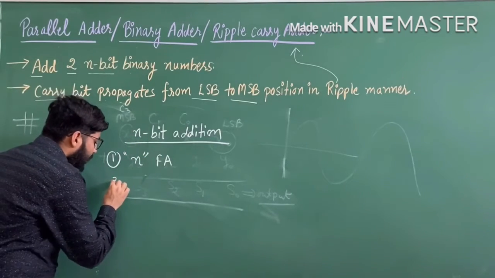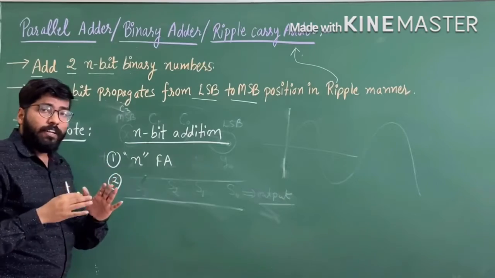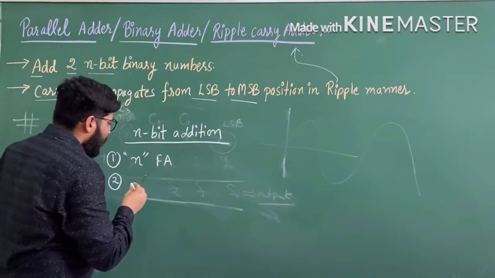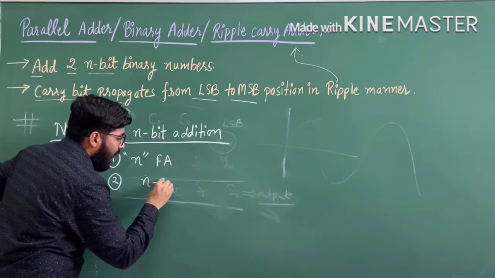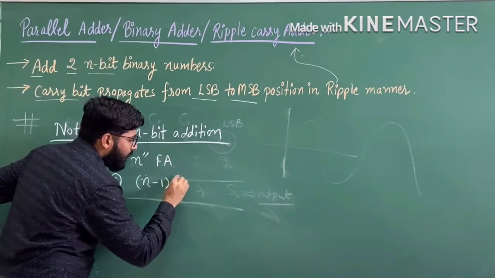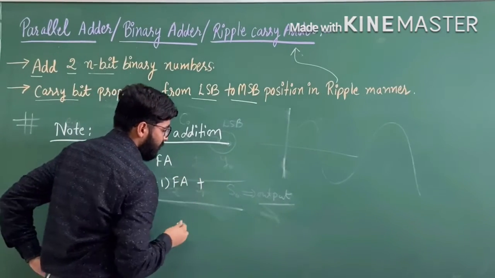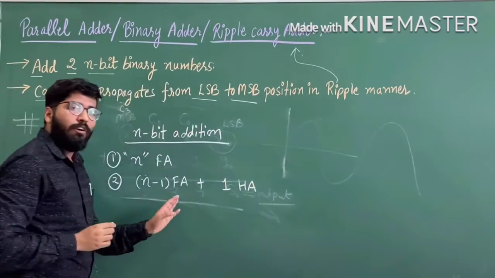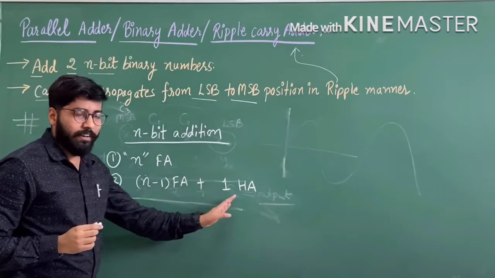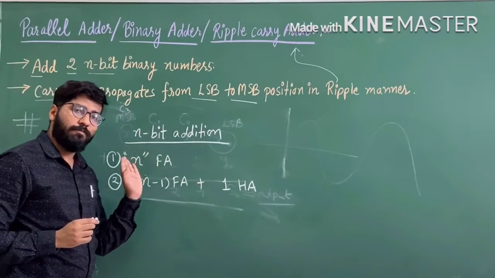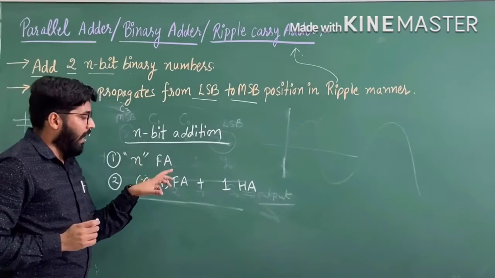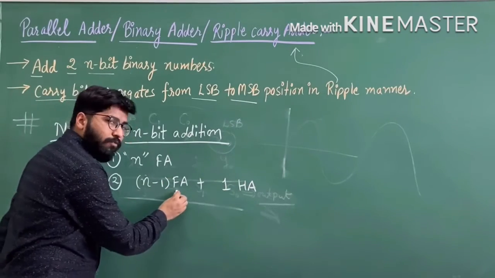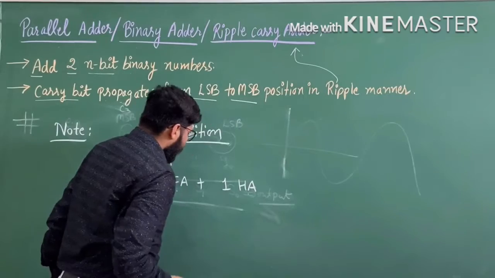Another: if we want a combination of full adder and half adder, then it requires n minus 1 full adders plus 1 half adder. The concept of full adder and half adder I told you in the previous video. Please refer to that video to learn about the full adder and half adder. FA means full adder, HA means half adder.